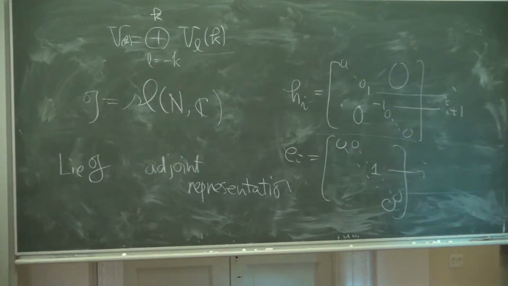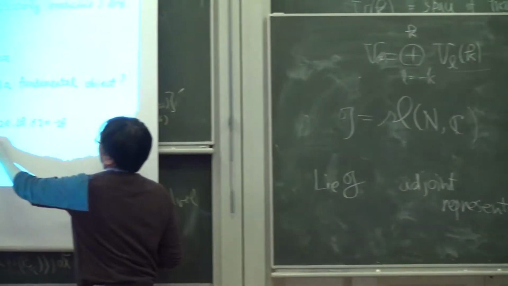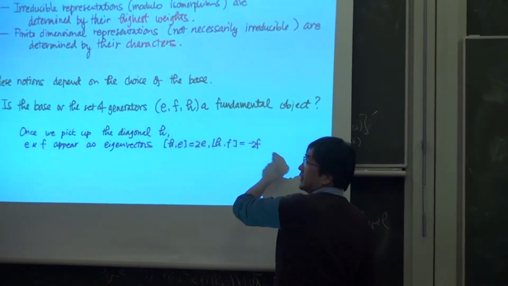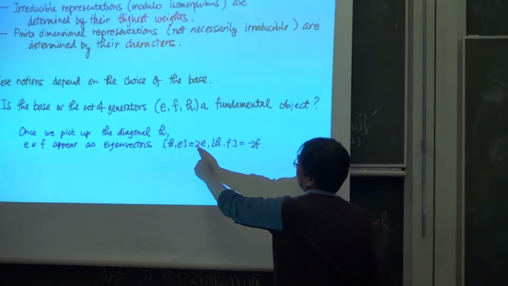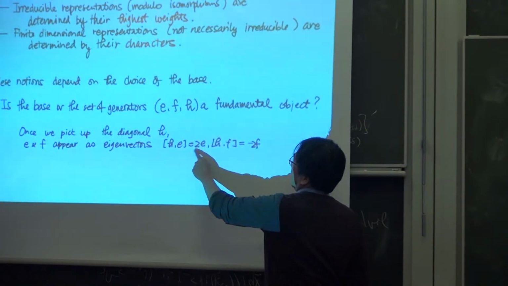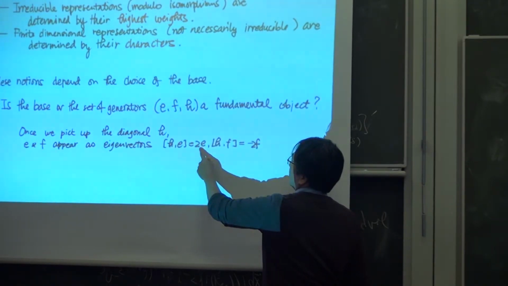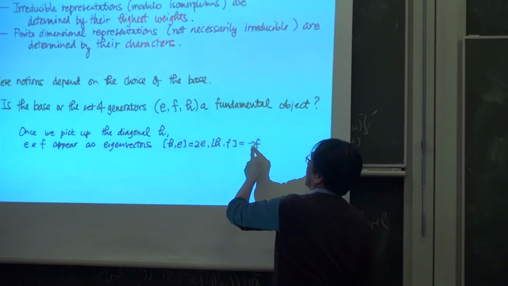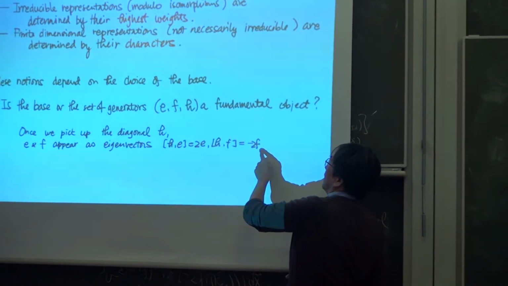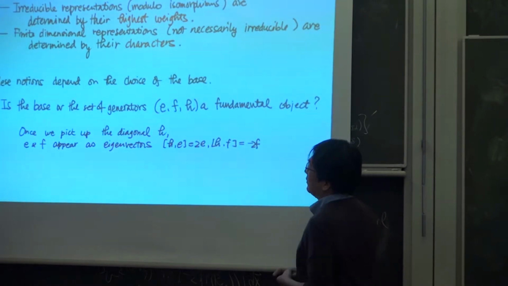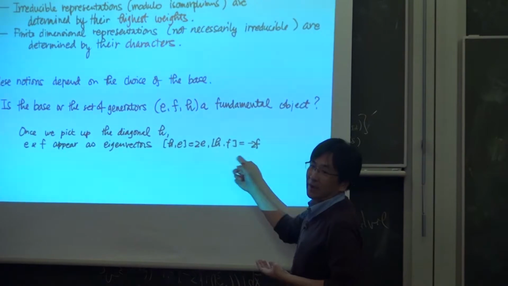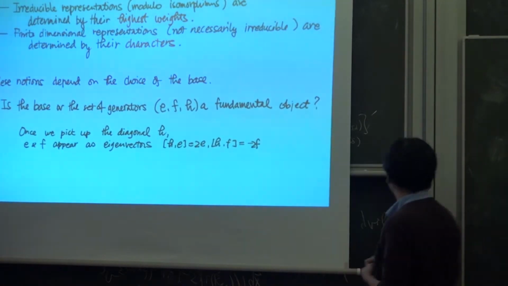Then we have the defining relations [H,E] equal to 2E and [H,F] equal to minus 2F, which means that E is an eigenvector with eigenvalue 2, and F is an eigenvector with eigenvalue minus 2. So somehow, once you pick H, then E and F are canonically defined.